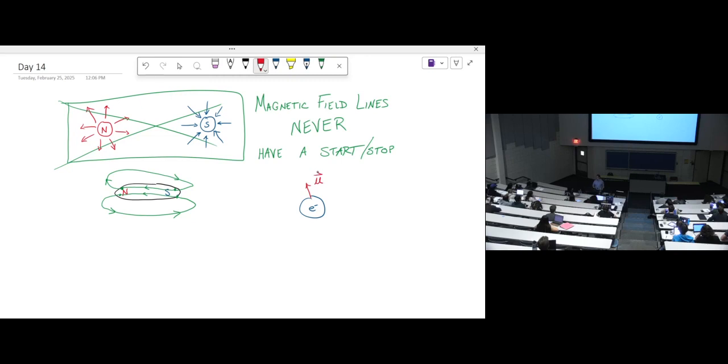Well, the semi-classical way to explain it is that electrons have spin, and it's a charged particle, and fundamentally, magnetic fields come from moving charged particles.